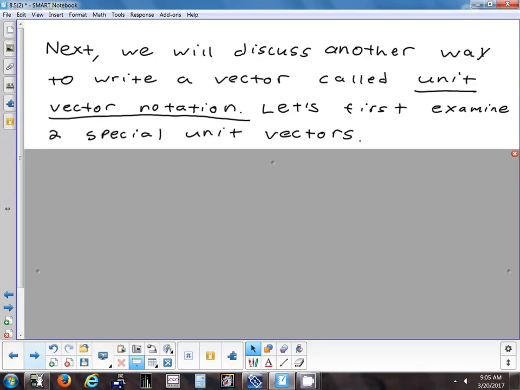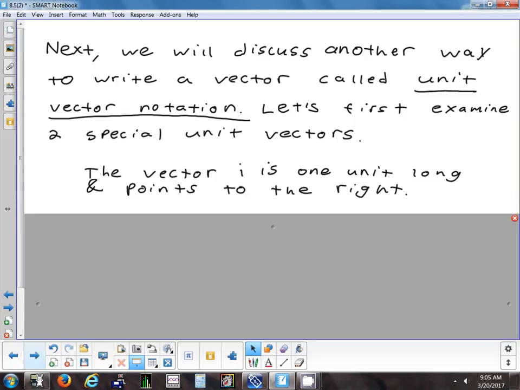So I want to look at two special unit vectors, and these vectors are given special names. The first one is the unit vector i. Not the complex number i. It has nothing to do with that at all. It's the vector i. So you should either try to make it look bold or put an arrow over it.